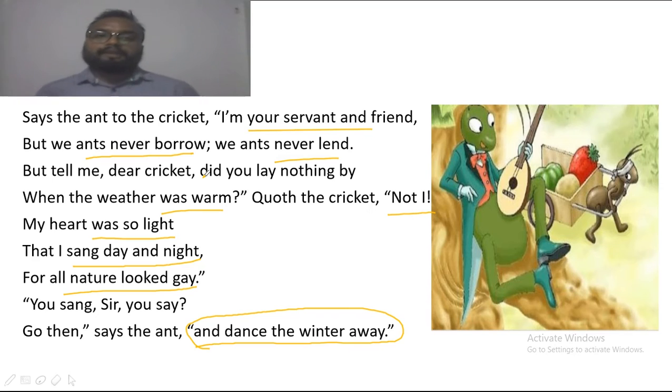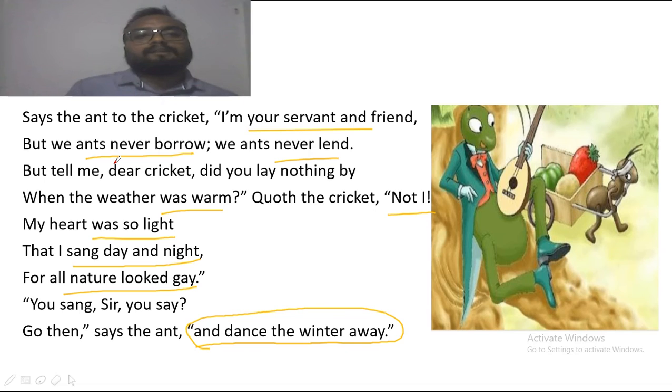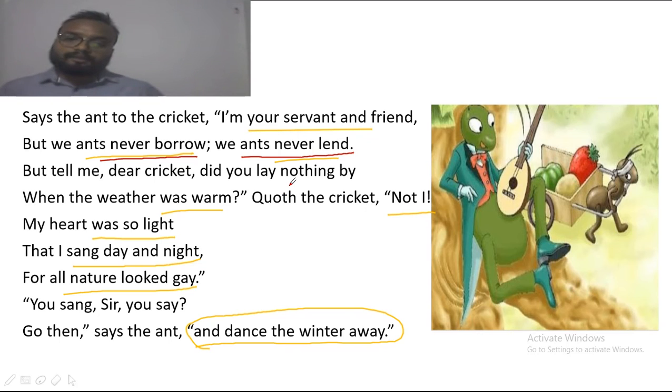But we follow a certain principle in our life. What is that principle? That we never borrow and we never lend. We don't even take from someone, and we don't lend anything to anyone.